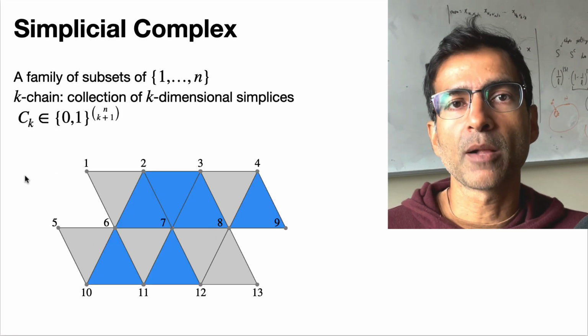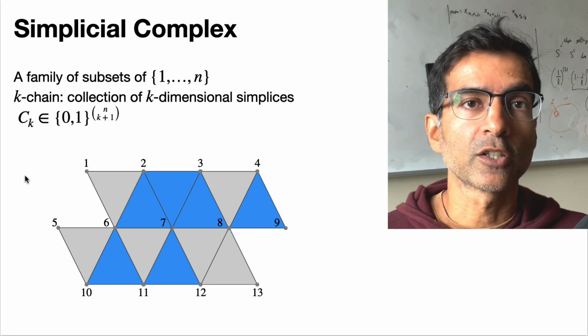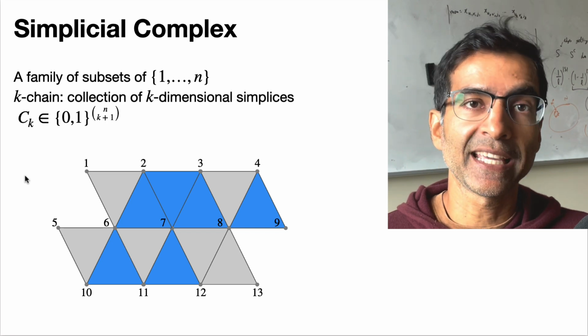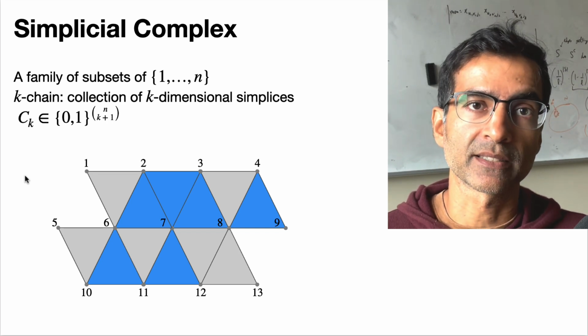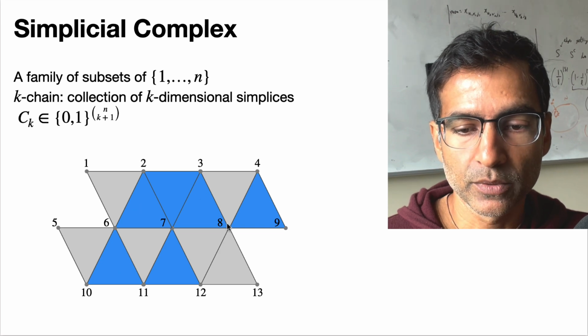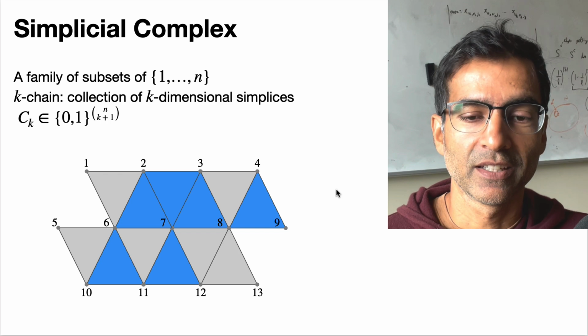Given such a simplicial complex, we will often work in the proof with the concept of a k-chain. A k-chain is a collection of k-dimensional simplices from the complex. Okay, so in this picture, these blue simplices together form a k-chain.